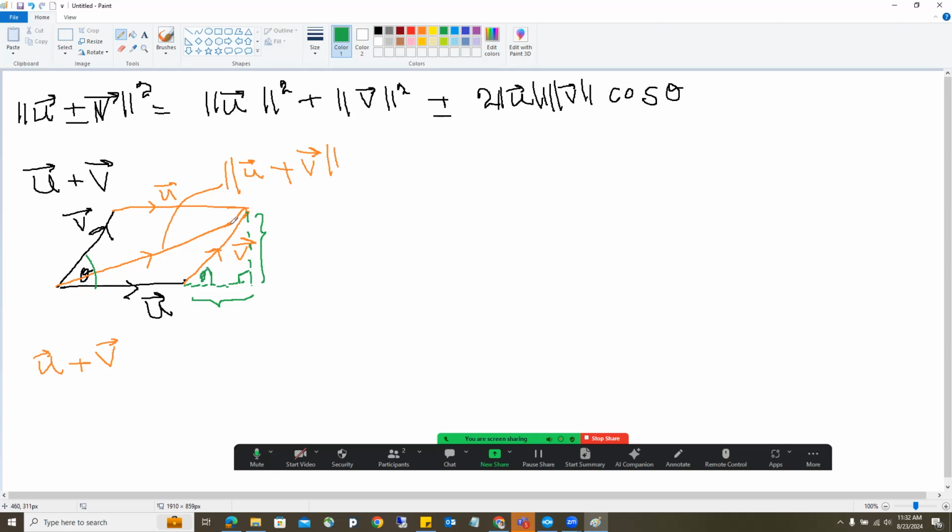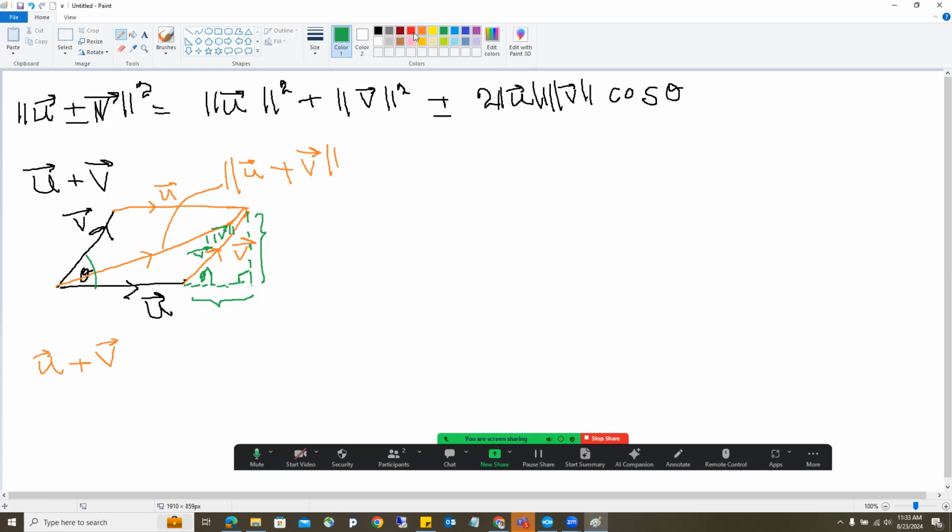So if this length, in the sense this vector, represents vector v, the length of this side will become the magnitude of this vector, right?